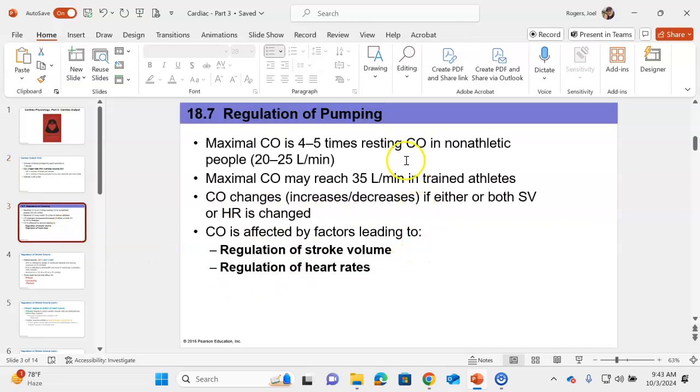Now, depending on how fast your heart is beating, cardiac output actually does change. When we're at rest, cardiac output is roughly 5 to 5.25 liters a minute. But let's say you're a non-athletic person and you're working out and your heart rate goes up, cardiac output's definitely going to go up, maybe to 20 to 25 liters a minute.